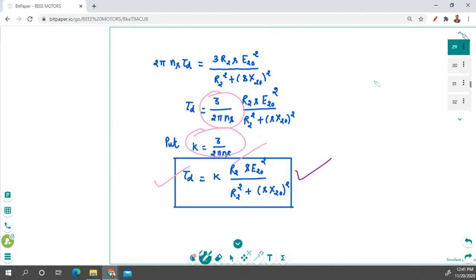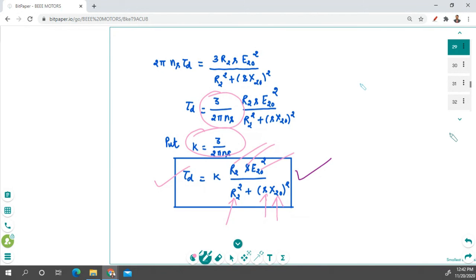R2 is the resistance of the rotor, S is the slip, E20 is the EMF across the rotor, and X20 is the inductance across this rotor part. So have you understood how we have achieved the top equation?